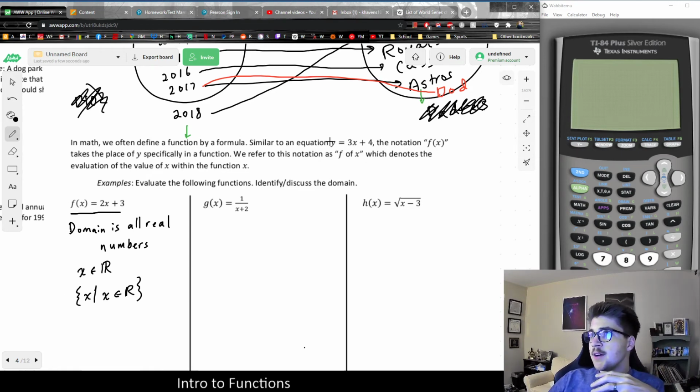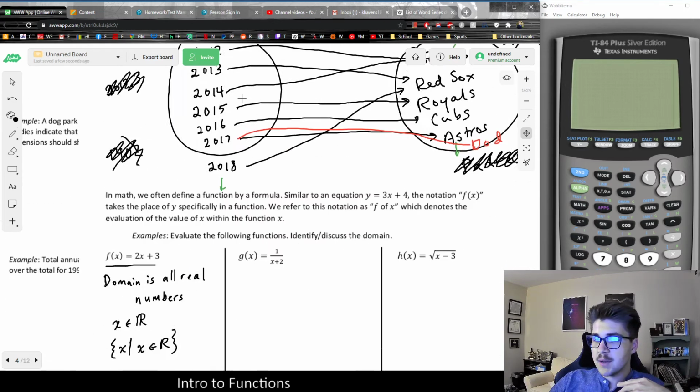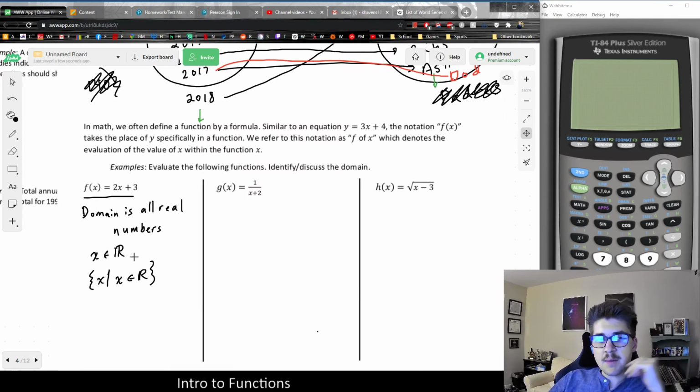So like up here, when I wrote this domain, I used the set notation where each individual element of that set is separated by comma. But sometimes, like in this case, we couldn't list every single number there is. That would take forever. So we're not going to list it as 1, 2, 3, 4, 1/3, 0.7, -42. We're just going to write it as the set of numbers x. This line means such that x is an element of the reals.